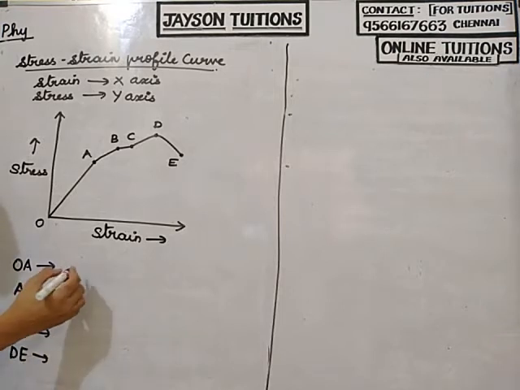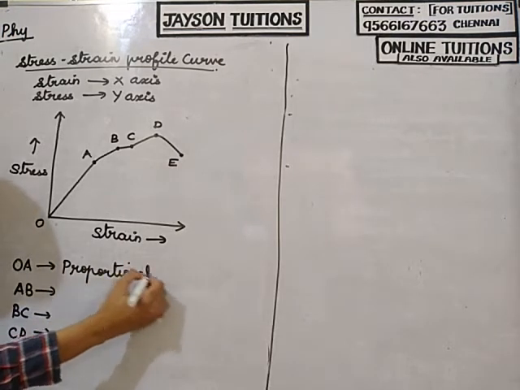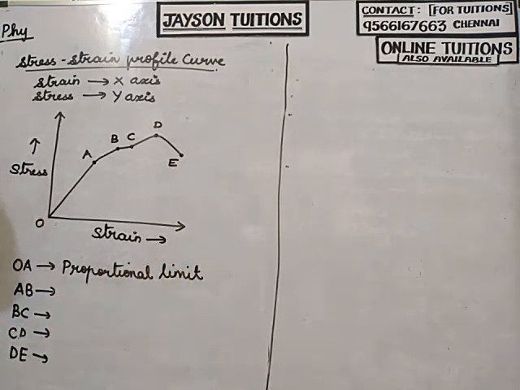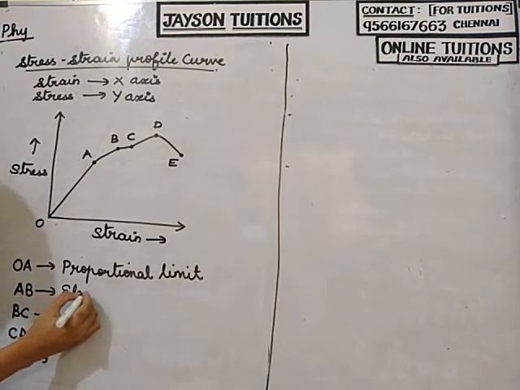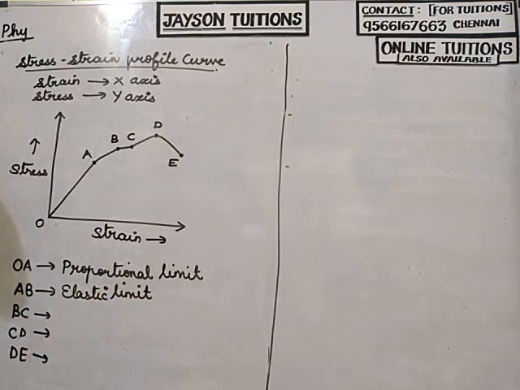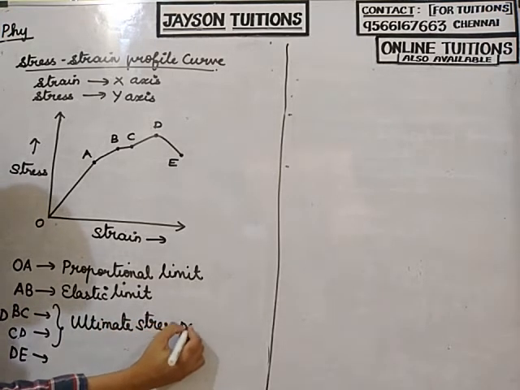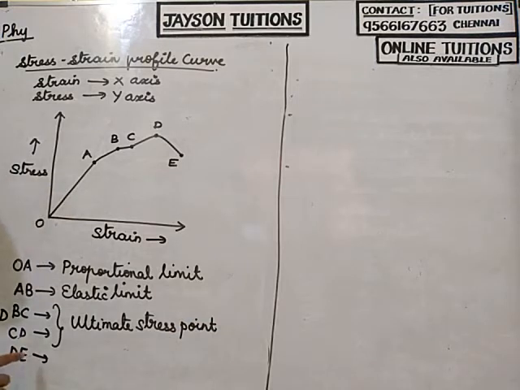OA is called the proportional limit. AB is called the elastic limit. And B to D, this part is called the ultimate stress point.